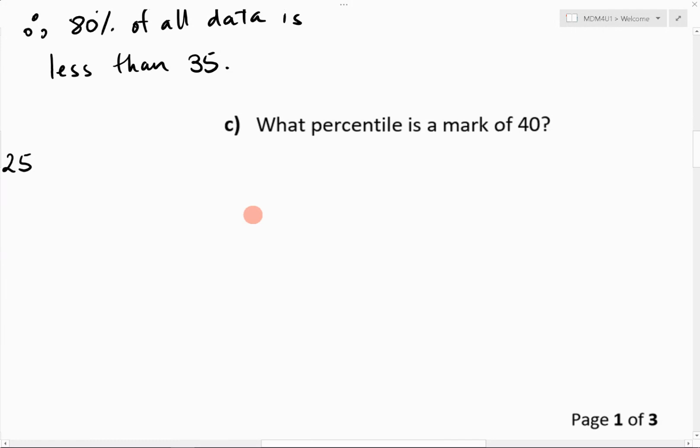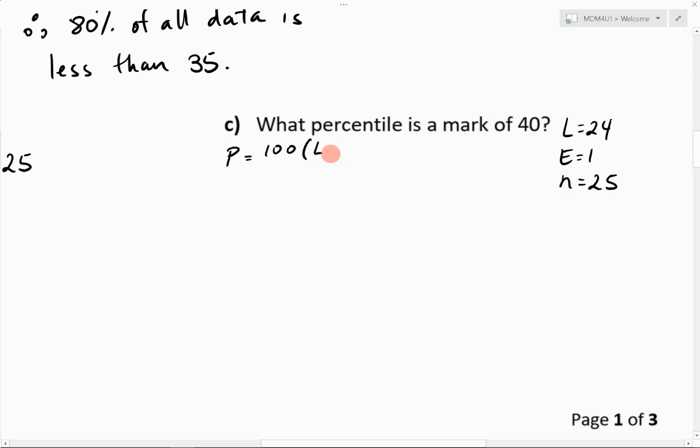So what percentile is a mark of 40? Same idea. Apply the formula one more time. So here we have 100 times, and this time L is equal to 24. If you go back up and count the values, there are 24 values less than 40, because 40 is the highest value, the 25th value. And E is equal to 1, since there's only one occurrence of the number 40. And again, you have 25 data values, so N is 25.